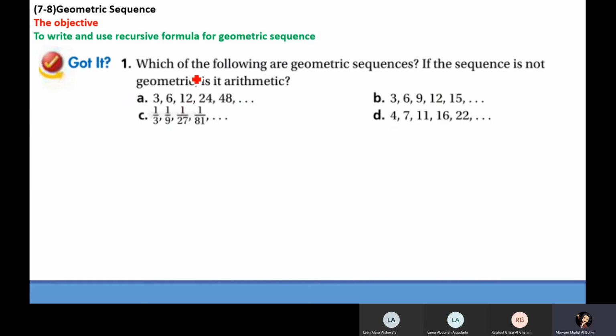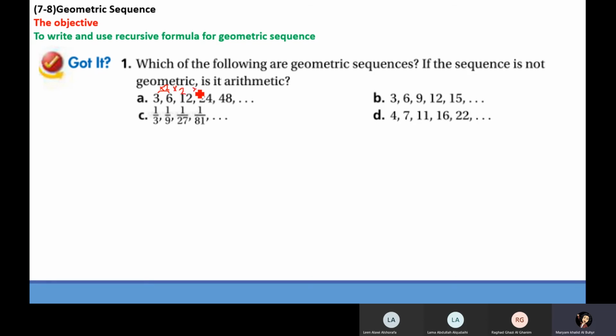So let's check these. For the first one, what is the difference between them? We need to check the common difference between them. Here, we are going to divide by 2. Once we multiply by 2, sorry, times 2, then again times 2, we will get 12.